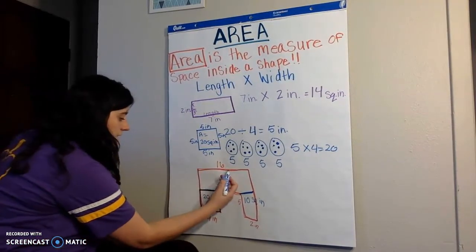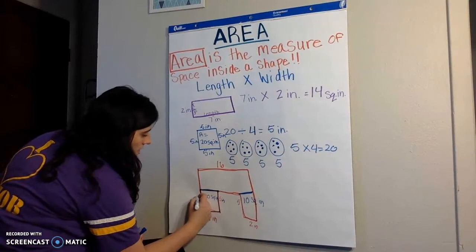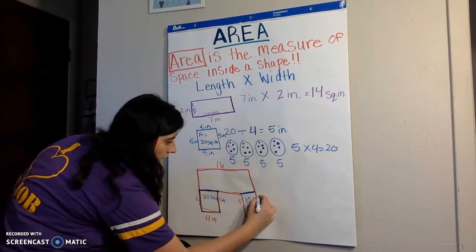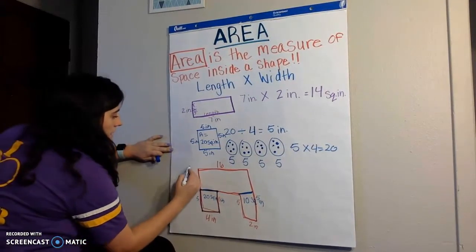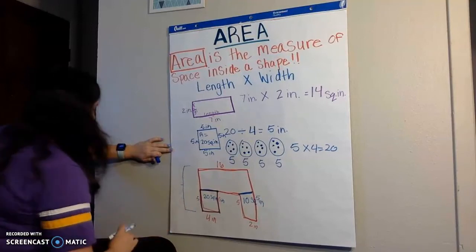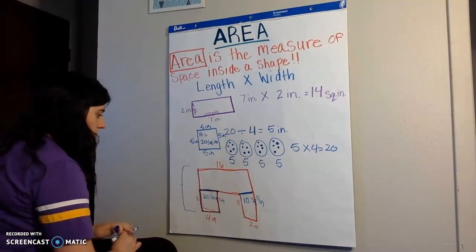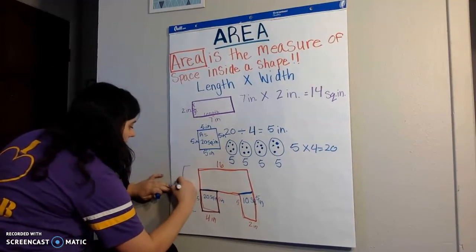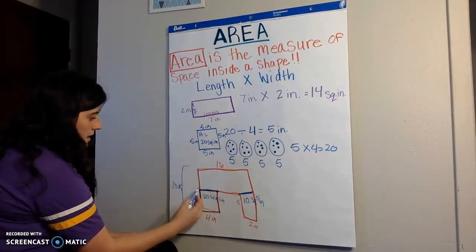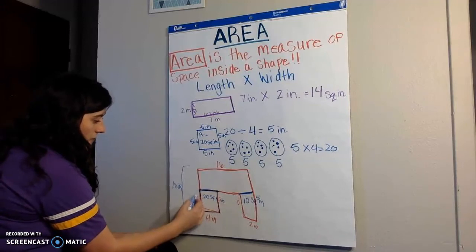I know I have 16 here. I know that this is 5 inches. Same thing, 5 inches. And I'm just going to make up a number. I know my total here is going to be 10, let's say 10 inches. So I know my whole line right here is 10 inches, but I know half of this is 5 right here.